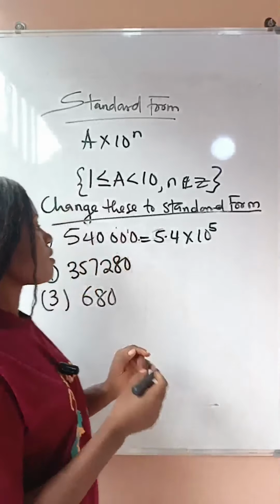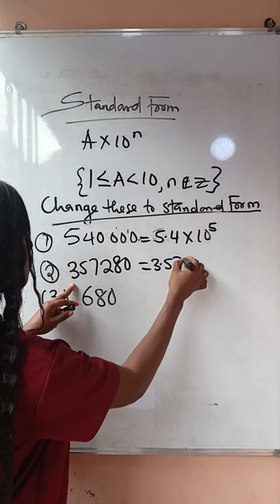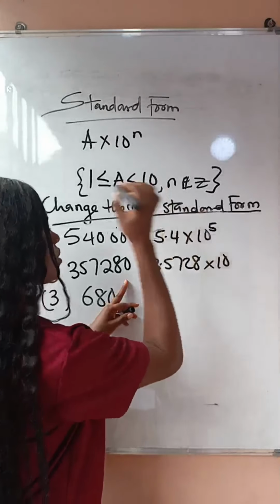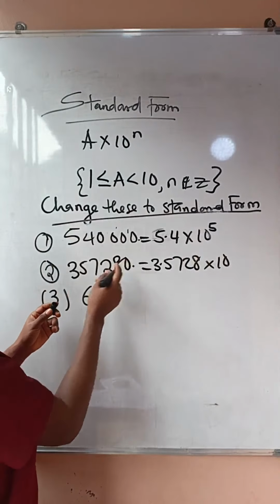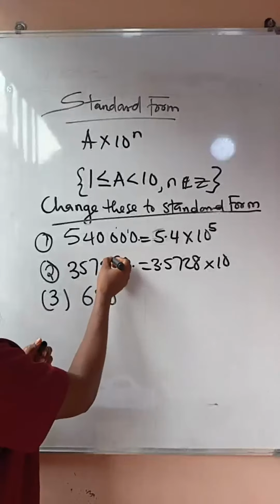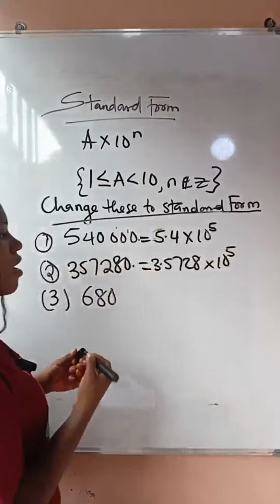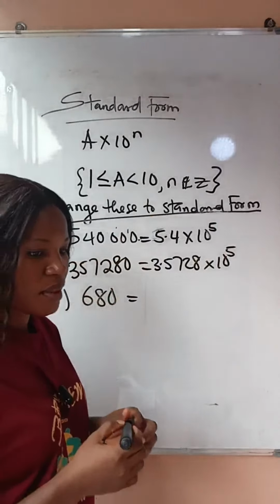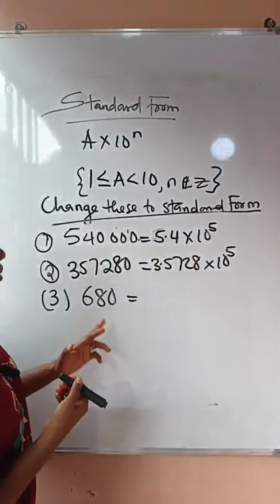Now for the second one, we have 3.5728 times 10 to the power of. Now the decimal point was here at the end because this is a whole number. Then we count 1, 2, 3, 4, 5. So positive 5 as well. Now the last but not the least, we have 680.